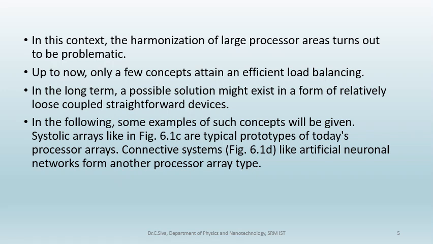Here we address the difficulty of synchronizing large processor arrays. Efficient load balancing remains a major challenge to date. Examples of modern parallel structures include systolic arrays and neural networks.